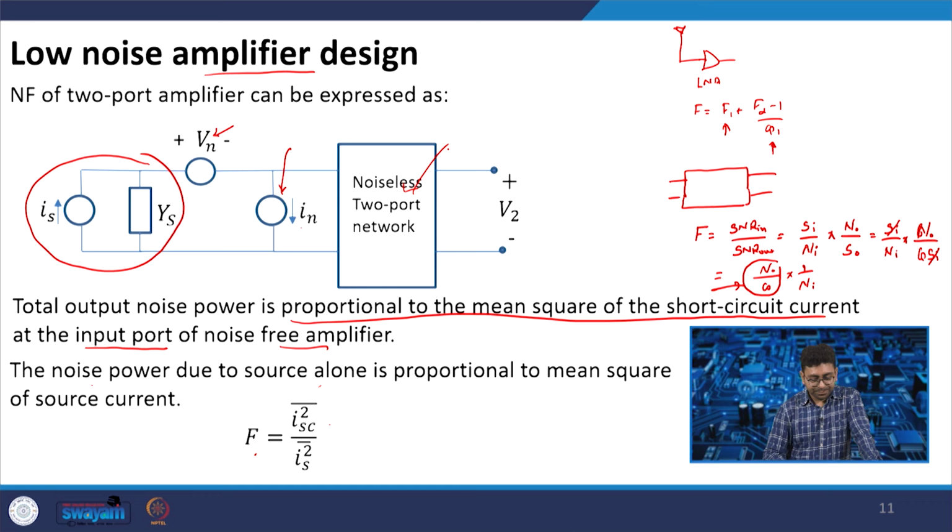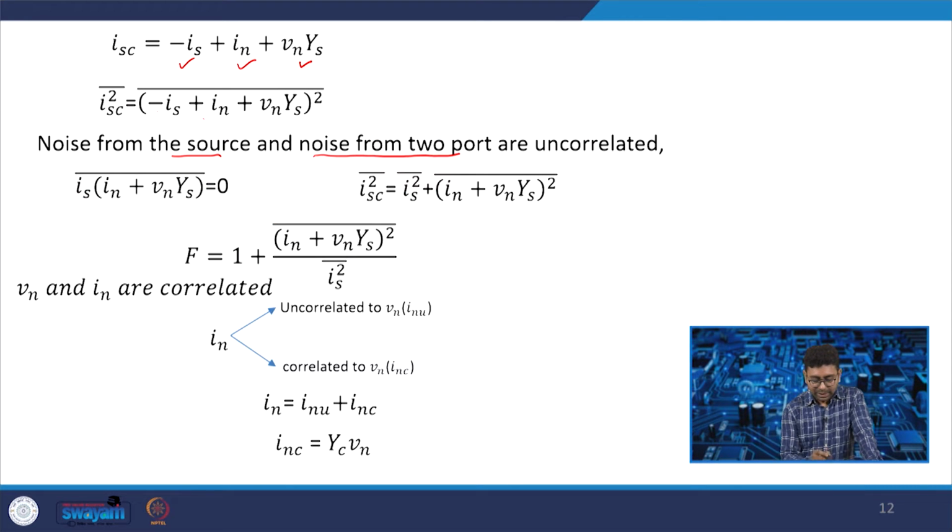The noise generated by the source is mostly due to the 50 ohm or antenna impedance, and the noise generated by the two port network is uncorrelated. So here you can consider the correlation between Is and In plus Vn Ys equal to 0.